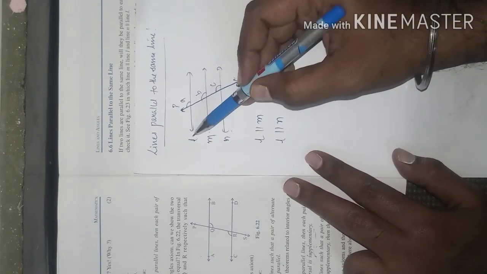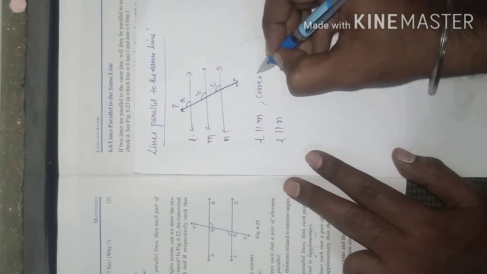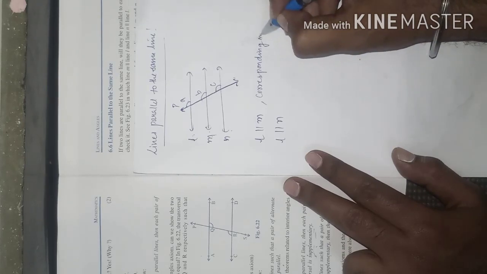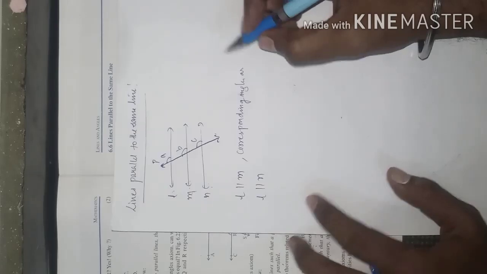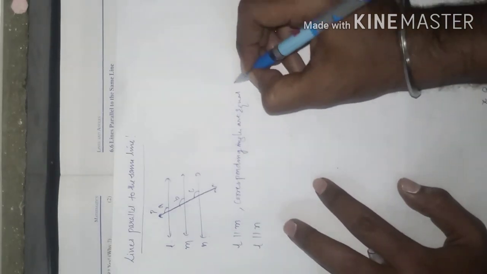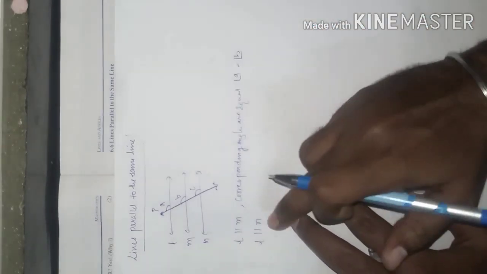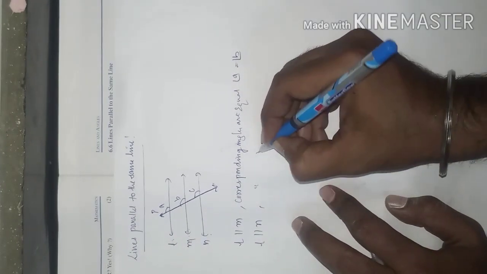Now L is parallel to M means corresponding angles are equal. It means angle A is equal to angle B. Now L is parallel to N means, this first and last one, the same corresponding angles are equal.